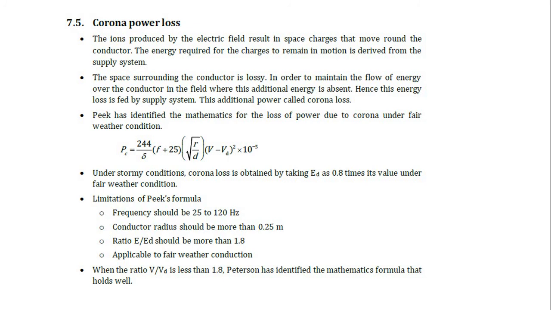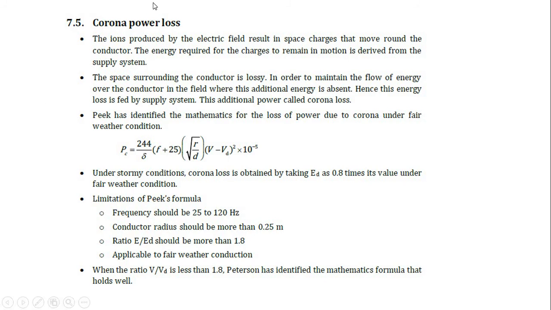This is known as corona power loss. This power loss is affected by the atmospheric and line conditions too. Scientist Peek conducted several experiments and suggested a formula to determine the corona power loss.